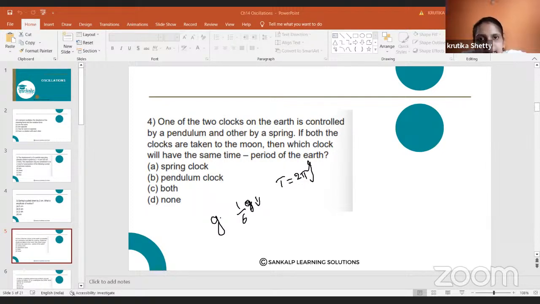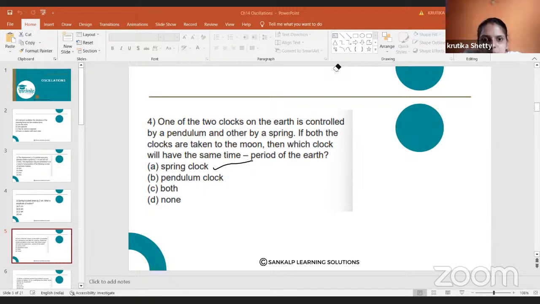That means it depends on the acceleration due to gravity. Yes, very good. But the spring clock's time period is not dependent on the acceleration due to gravity value. It is independent of that. Therefore the time period which will remain the same is for the spring clock, because it does not depend on the acceleration due to gravity. So whether you take it to the moon or any other planet, the value will not change for the spring clock.